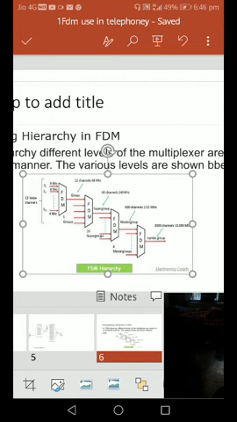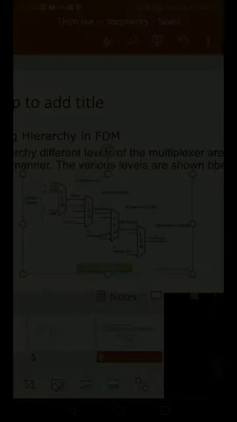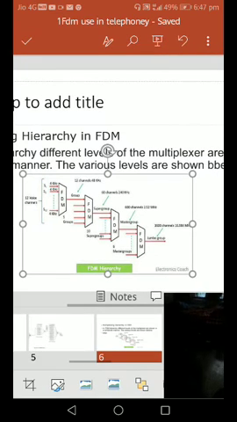A basic group is equal to 12 voice signals, and 12 voice signals is equal to 48 kilohertz.